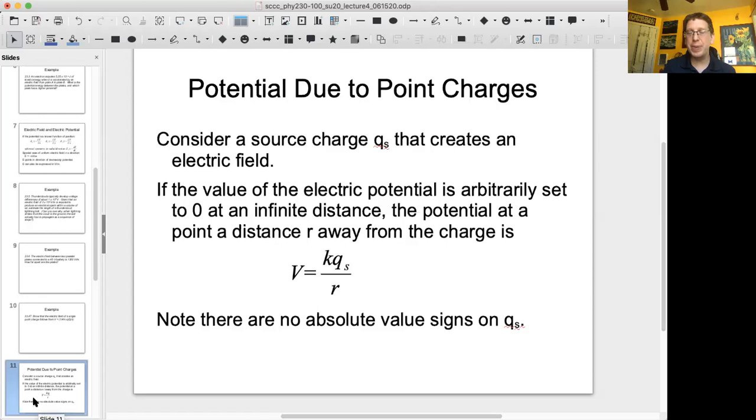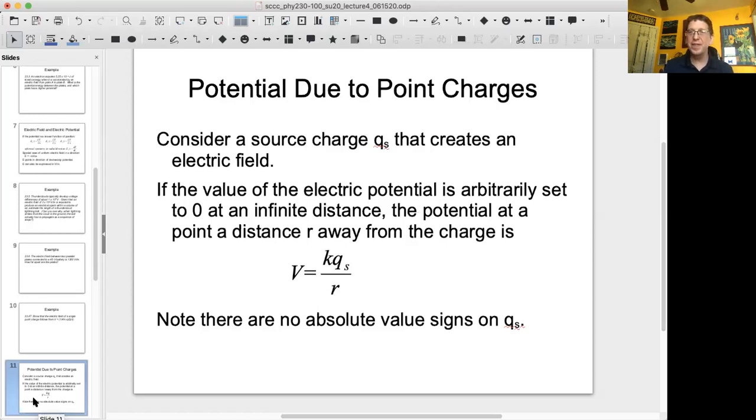And so the potential defined relative to 0 at infinity is equal to K, the Coulomb constant, again, which is equal to 1 over 4 pi epsilon naught, times the source charge, divided by the distance r you are away from the source charge. And notice there are no absolute value signs around the source charge. Its sign matters. So if it's positive, the potential increases as you approach it.